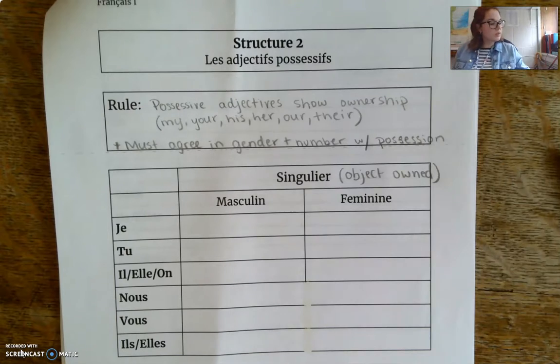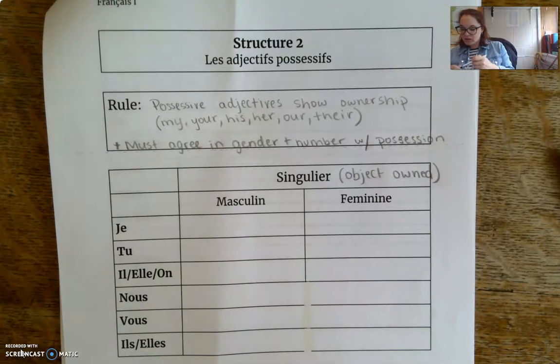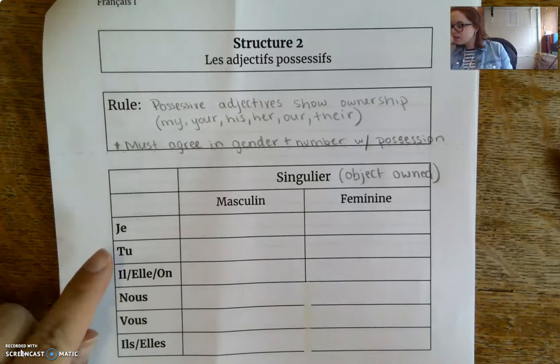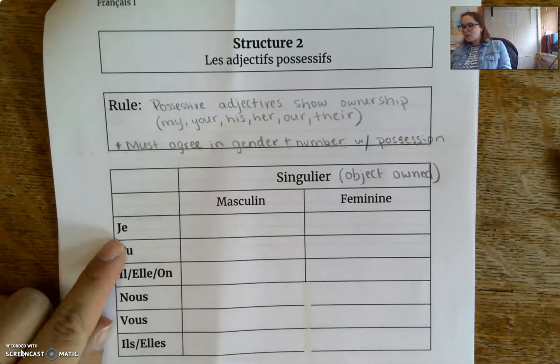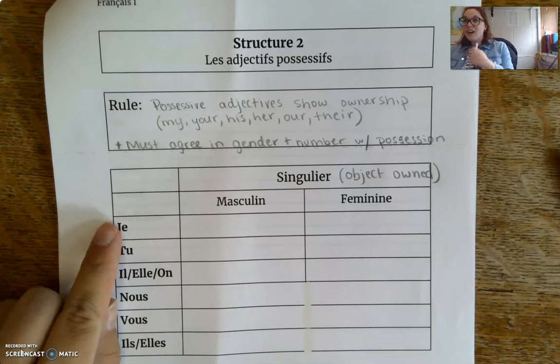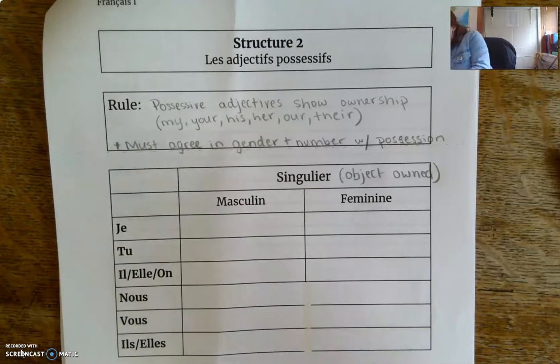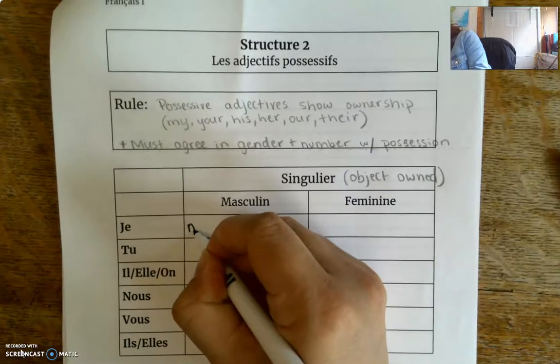So, I'll use a marker here just to make this stick out a little bit more. So we've got our masculine, and what we have down the side here is who owns it. So we've got those pronouns. So je, I. So I own this singular masculine thing, and when that happens, it's going to be mon.